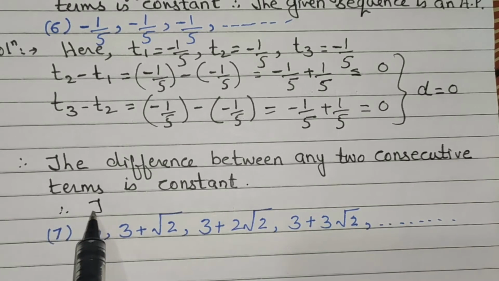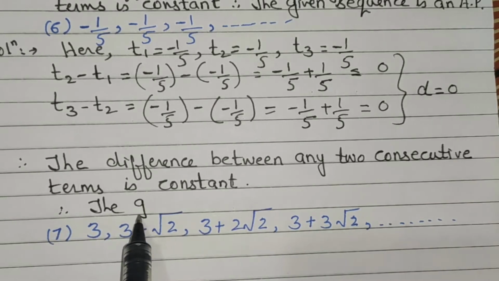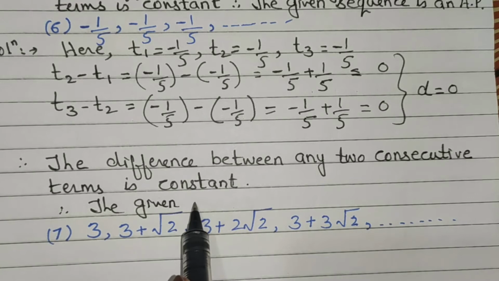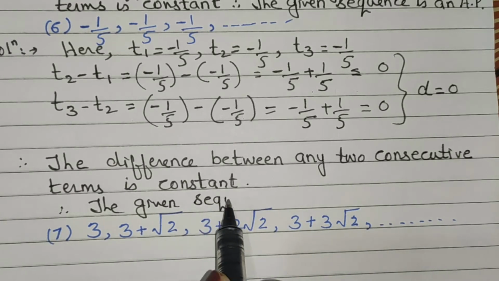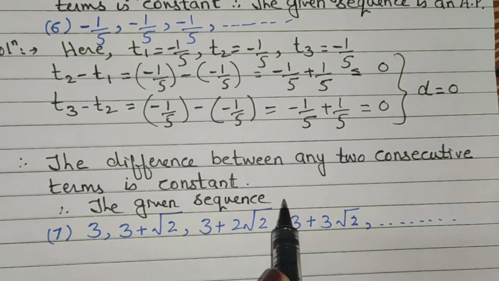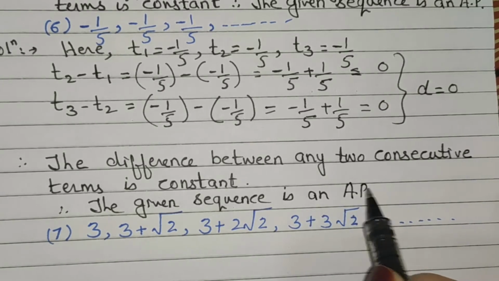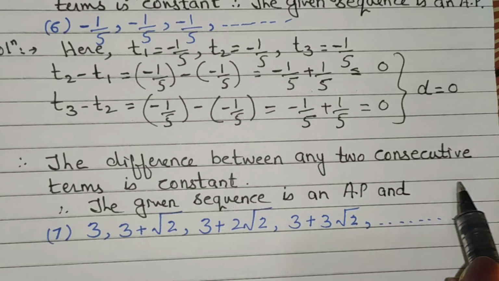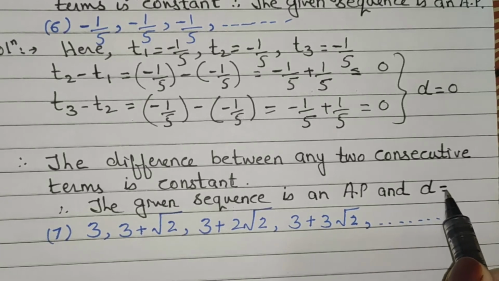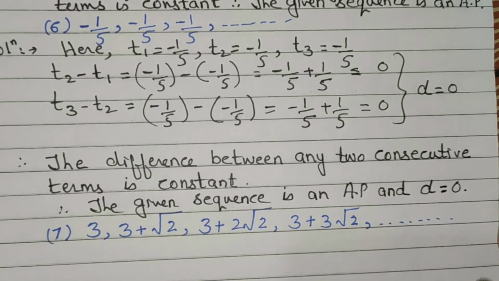Therefore, the given sequence is an AP, and the value of common difference D is equal to 0.